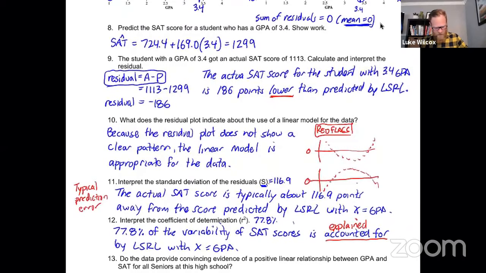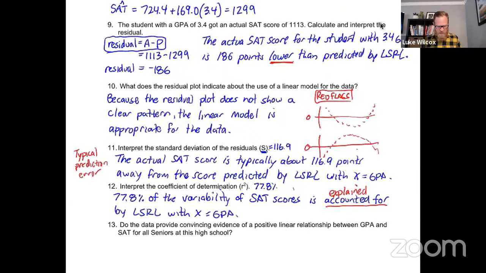All right, we've got one final question here. Number 13 says, do the data provide convincing evidence of a positive linear relationship between GPA and SAT for all seniors at this high school? Okay, we only have a sample of 10 students here, right?